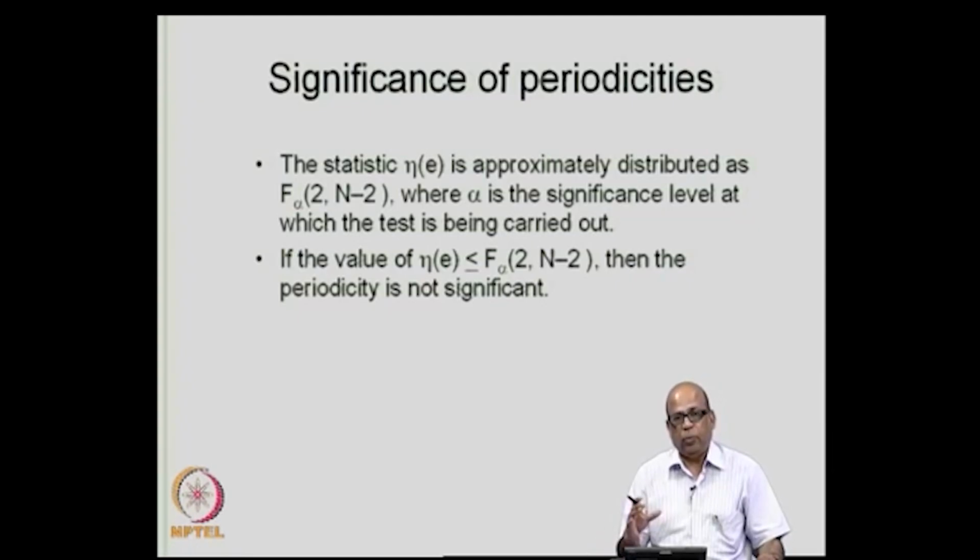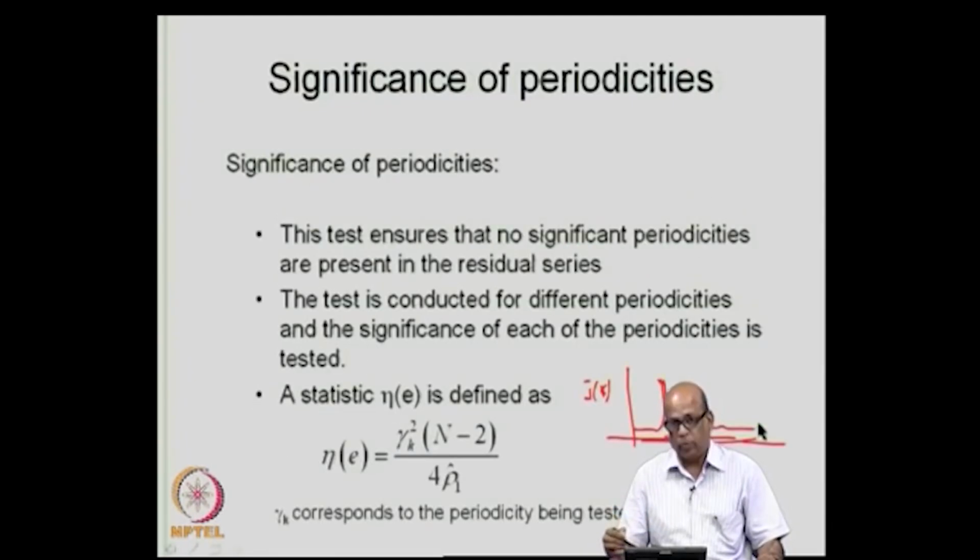Let us say that your spectral analysis like this shows up 2 or 3 different periodicities. First you test for this periodicity. If this is not significant, then naturally these periodicities may not be significant if they are all in decreasing order like this.